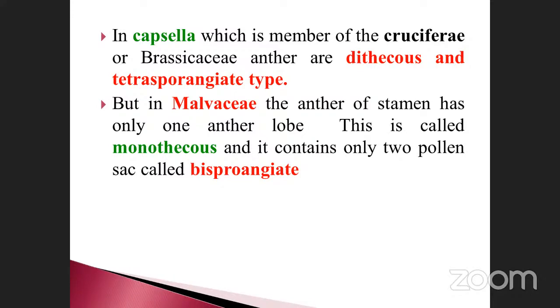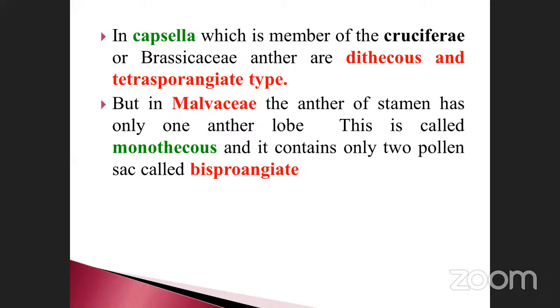But in Malvaceae, Malva sylvestris, the cotton family, the anther of the stamen has only one anther lobe. This is called monothecous, and it contains only 2 pollen sacs, called bisporangiate. Already told you, here dithecous, tetrasporangiate, but here monothecous, bisporangiate. Okay, this is very, very important.